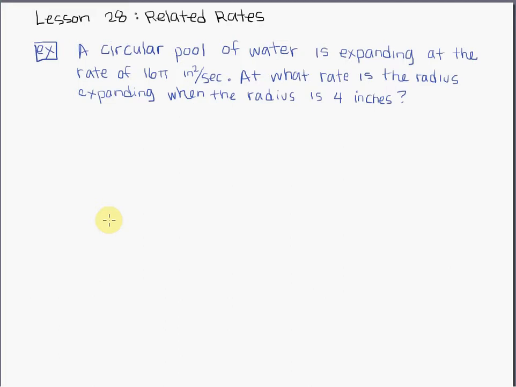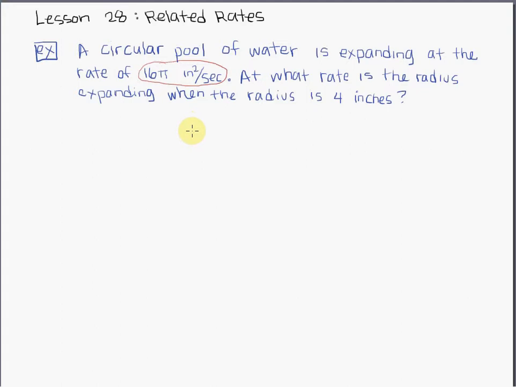Okay, so what we need to do is look at the information that they give us and find an equation that relates those pieces of information. So the circular pool of water is expanding at the rate of 16 pi inches squared per second.